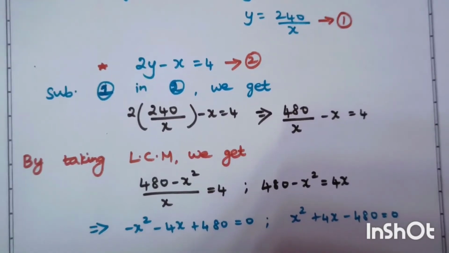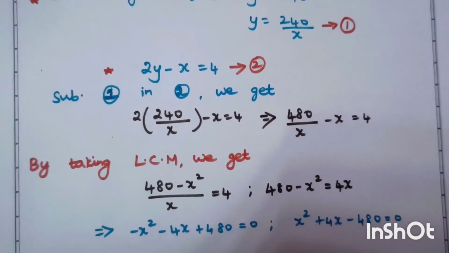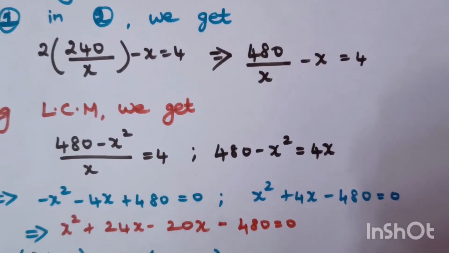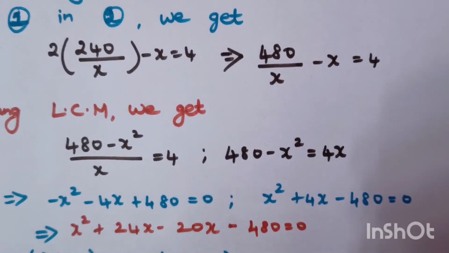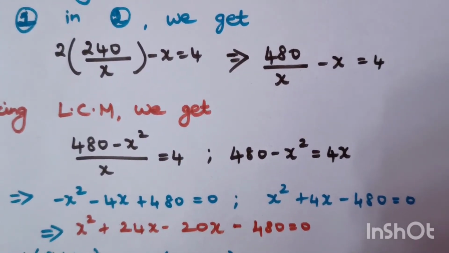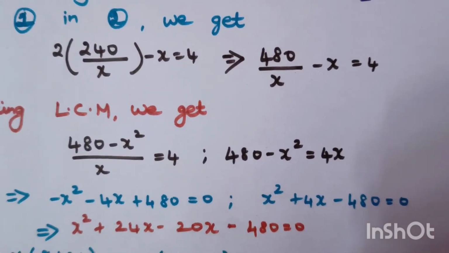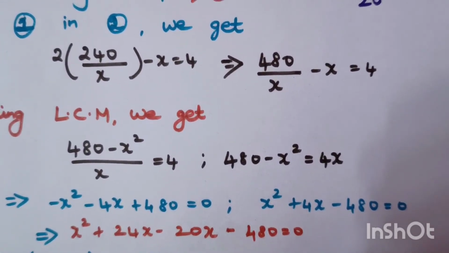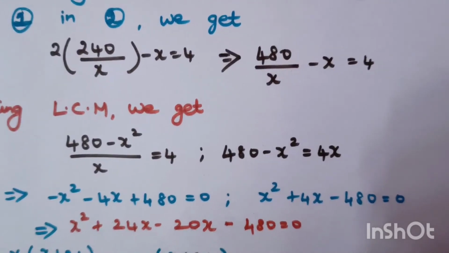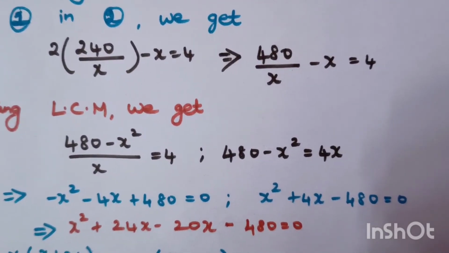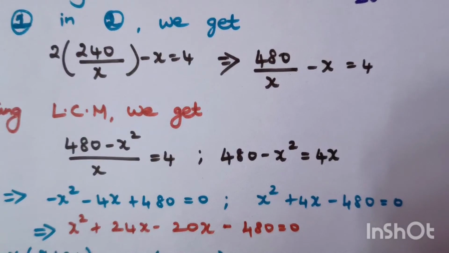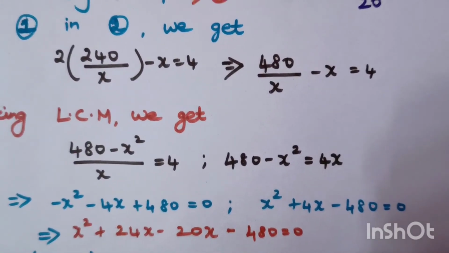Then we have to solve it, right? So we get x squared plus 24x minus 20x minus 480 is equal to 0. That is 24x minus 20x is 4x. And the product of the two terms, that is 24 into minus 20, is minus 480. Alright. So here x is common for the first two terms.